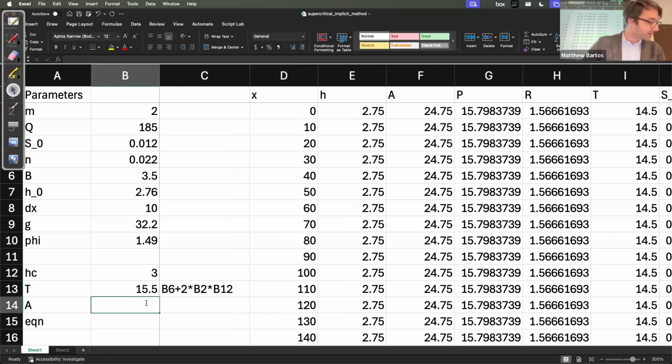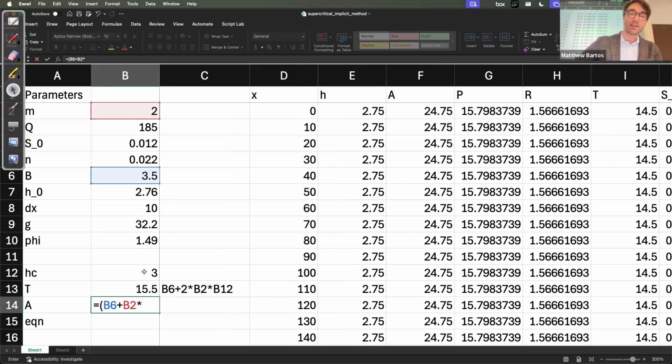For the cross-sectional area for a trapezoidal channel, this is going to be quantity bottom width, that's B6, plus side slopes, that's B2, times the critical depth, close bracket, all times the critical depth.